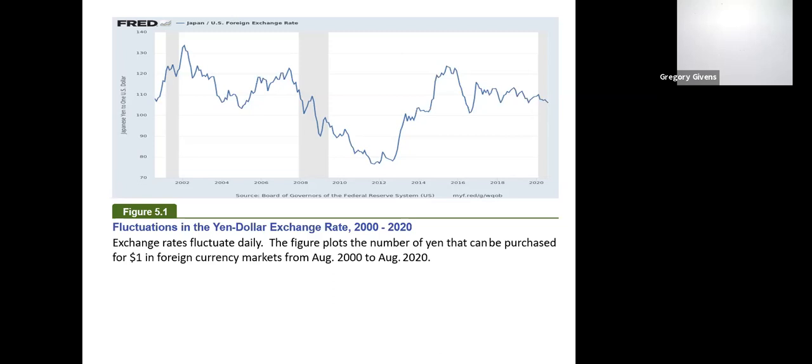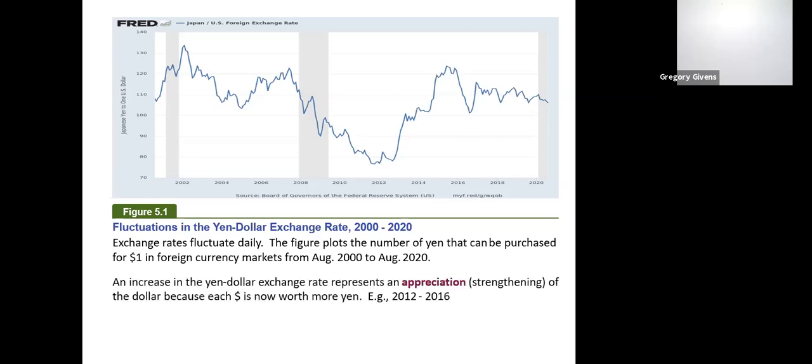Okay, an increase in the yen-dollar exchange rate in this example, or just more generally, an increase in the price of one country's currency relative to another has a particular name in economics. We call it an appreciation of the exchange rate. You may have heard of this term before.